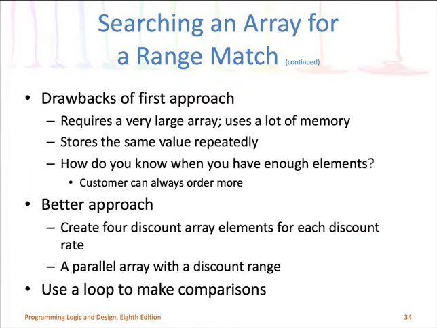So in the first case, the array is very large. It uses a lot of memory. We have the same value that is stored repeatedly. And, do we have enough to give the person discounts? I suspect if the person ordered 100 items, they're probably going to get a bigger discount than was in the program.